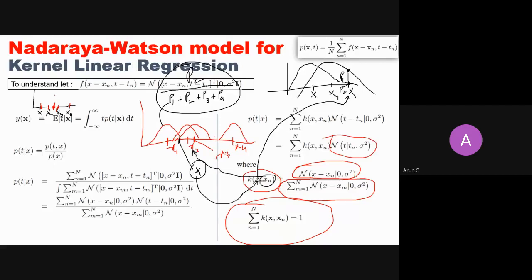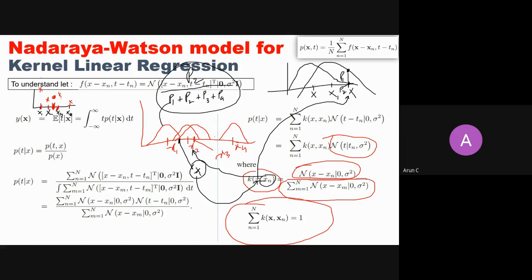For an example, I want to predict, so this is my T2 somewhere here, this is my T3, this is my T4, this is my T5, and T1 somewhere here. So I want to predict for this x. Because it is very near to x2 and x3, I will point it somewhere here in the middle.